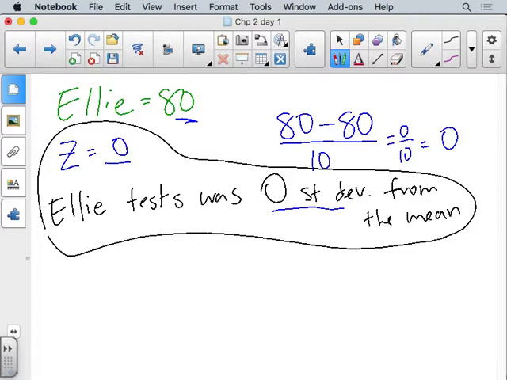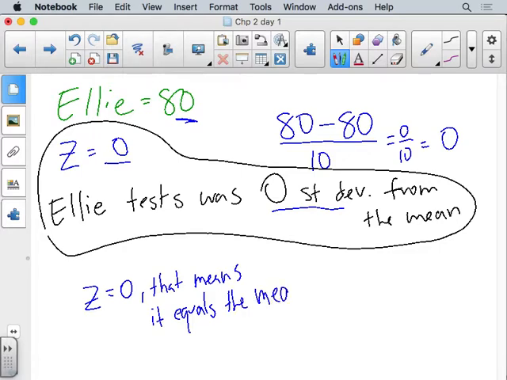If you have a z-score of 0, that just means it equals the mean. So if I get a z-score of 0, that just means I scored average on the test. I was equal to the class average.